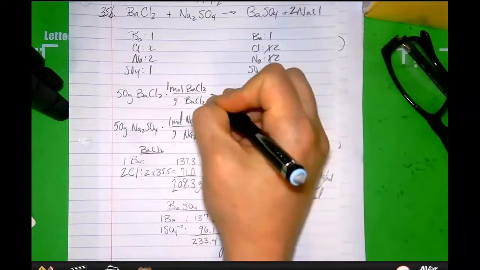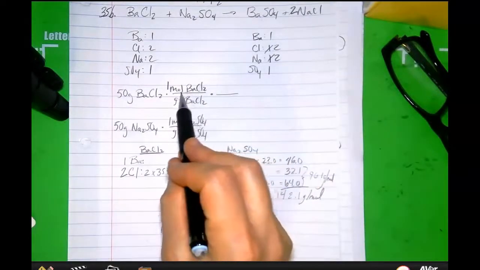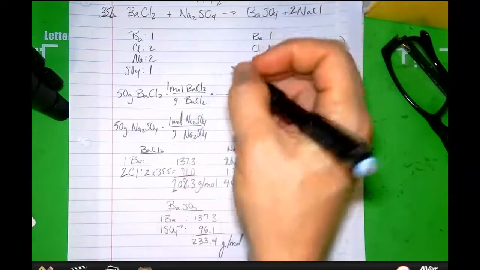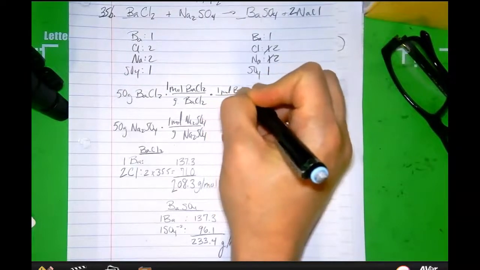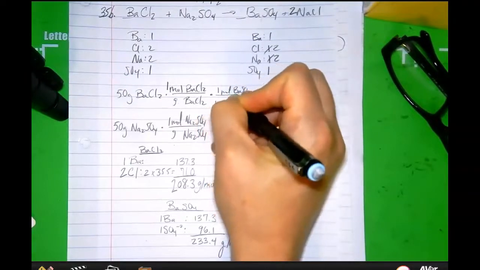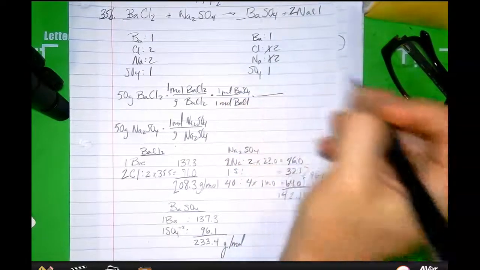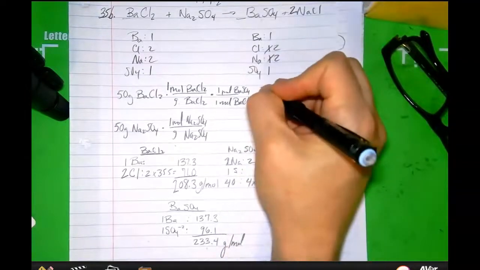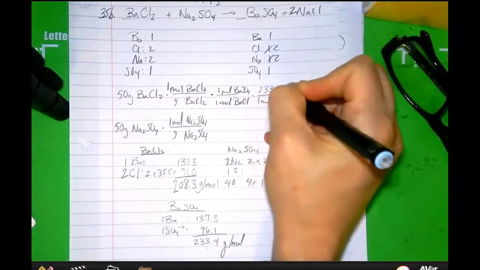Let's convert this one. Now we got moles of barium chloride. We got to go to moles of barium sulfate, and it's a 1-to-1 ratio. And then we got to go to grams of barium sulfate, which is 233.4 grams per 1 mole of barium sulfate.